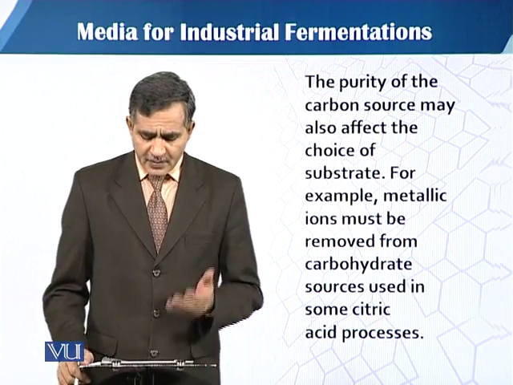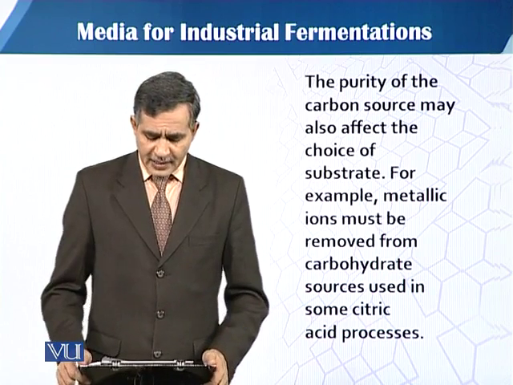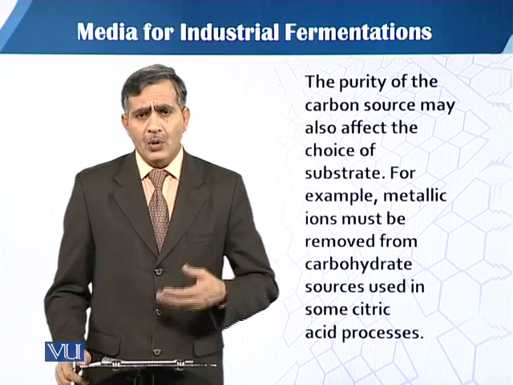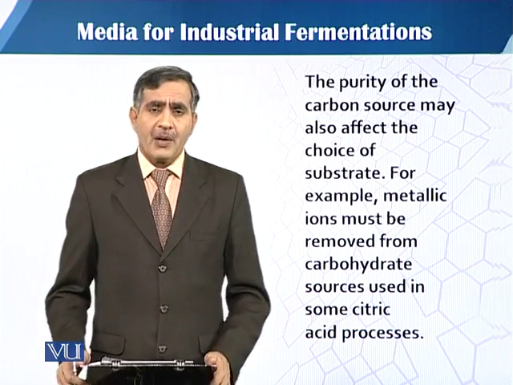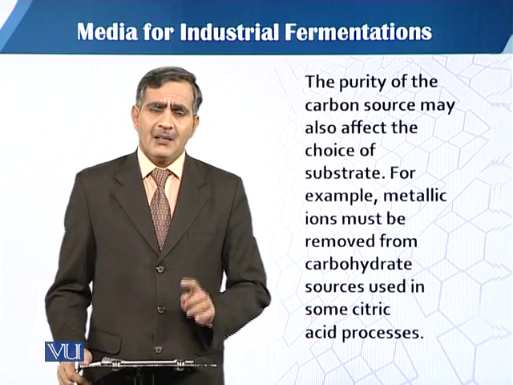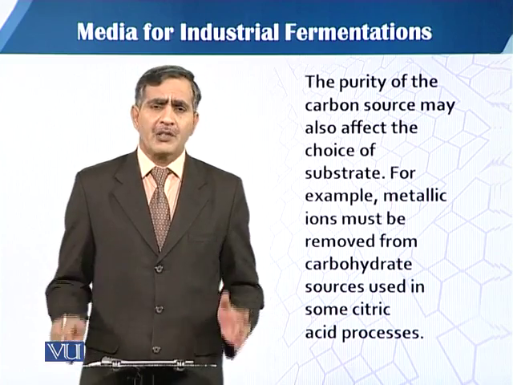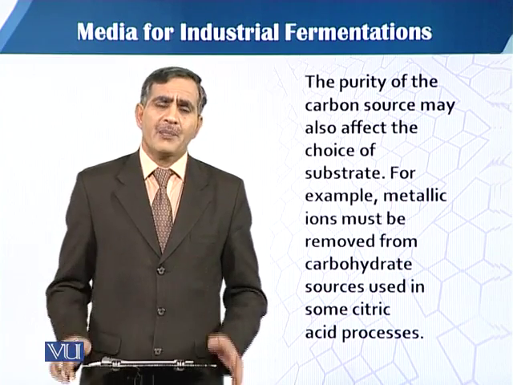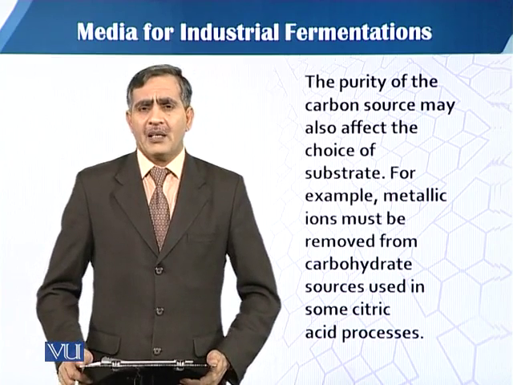For example, some metallic ions must be removed from the carbon sources. In citric acid production, the presence of metallic compounds has an effect, because citric acid production and other similar processes are very sensitive to the enzymatic effect of the organisms.